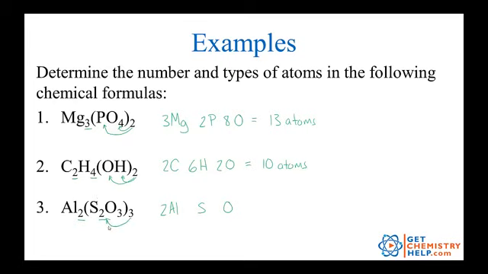So the subscript 3 times this subscript 2 gives me 6 sulfurs. How about oxygens? There's a subscript 3, multiply it by this subscript 3, so that gives me 9 oxygens. So we'd have a total of 17 atoms in this compound.